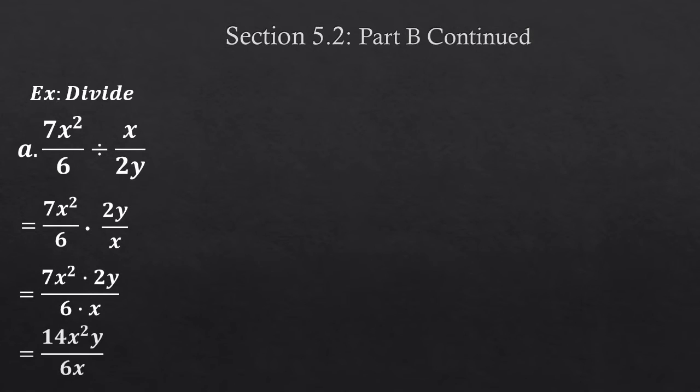You see here you're going to get 14x squared y over 6x, which can be reduced to 14 and the 6, as well as you can simplify the x exponents. If you did so, 14 is divisible by 2 as well as 6, and if you take 1x from the 2 you have at the top, you get a final result of 7xy over 3.